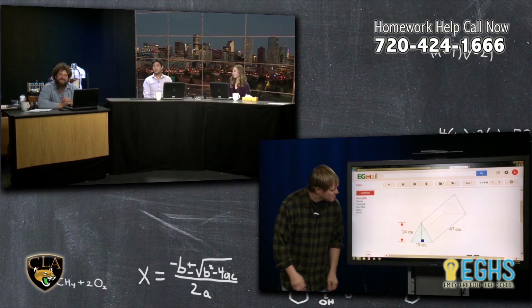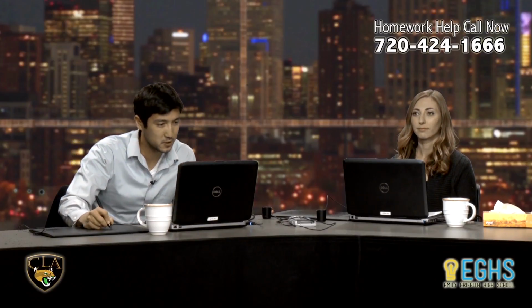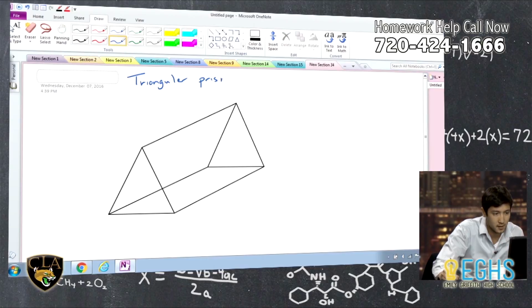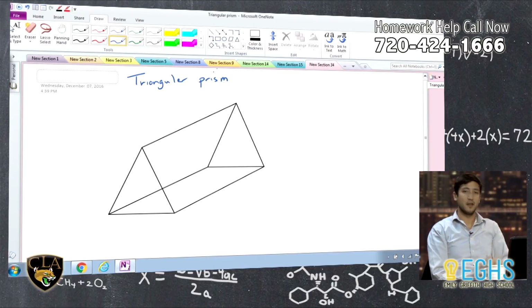All right, so I just drew this figure really quickly on my sheet. This thingy is actually called a triangular prism. Now, we'll talk about how you're going to find the volume of this, but I like to give a very generic formula. Really quickly, a prism is a three-dimensional solid that maintains the same shape all the way.